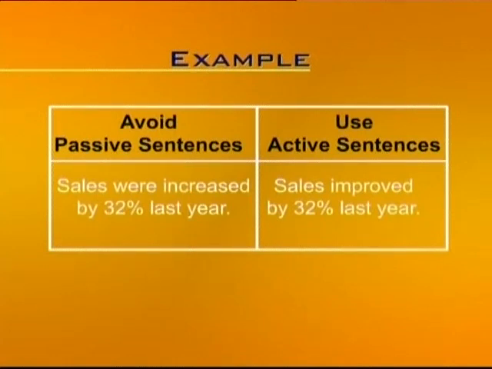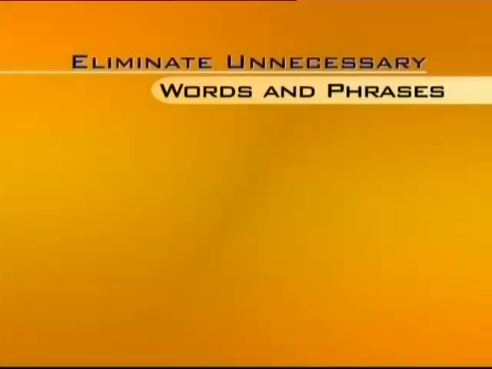Because when you say sales were increased by 32% last year, तो जो sales की increase है उसका impact कम हो जाता है और ये impact ज़्यादा हो जाता है कि किसी और ने उनको increase किया. अगर आप उसी बात को active sentence में लिखते हैं sales improved by 32% last year, तो emphasis जो है वो improvement के ऊपर आ जाता है और या increase के ऊपर आ जाता है, तो इसलिए sentence ज़्यादा effective हो जाता है.